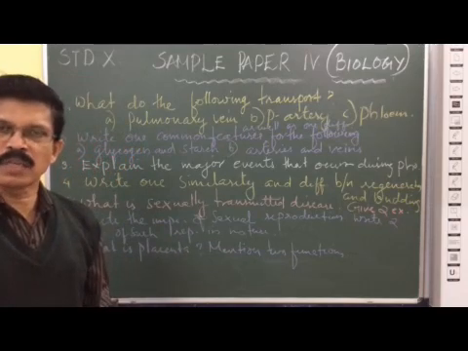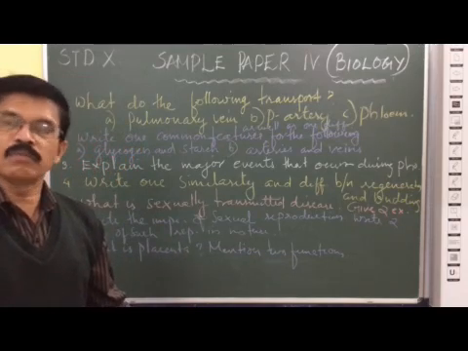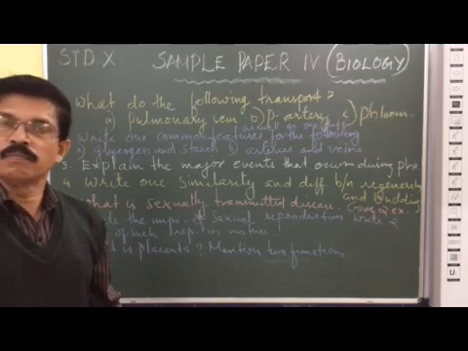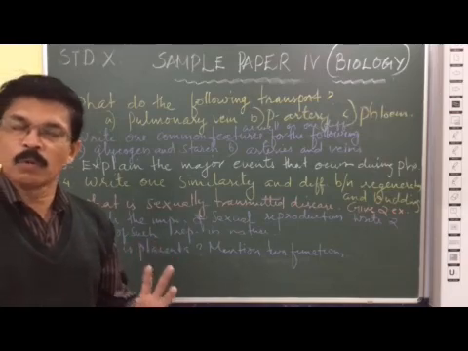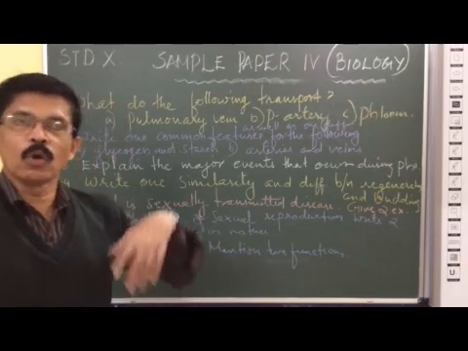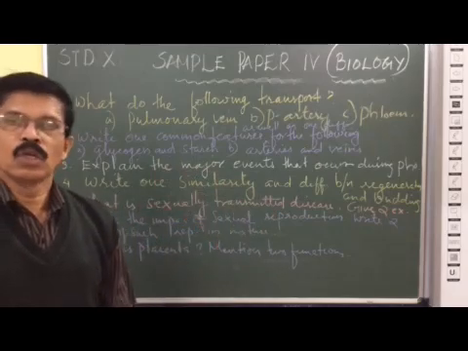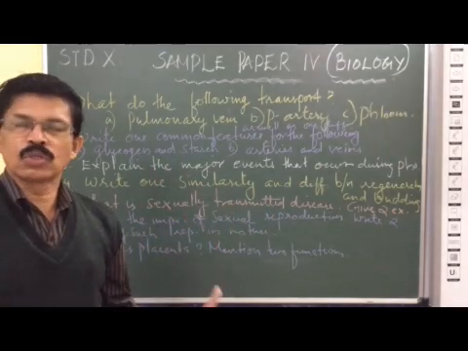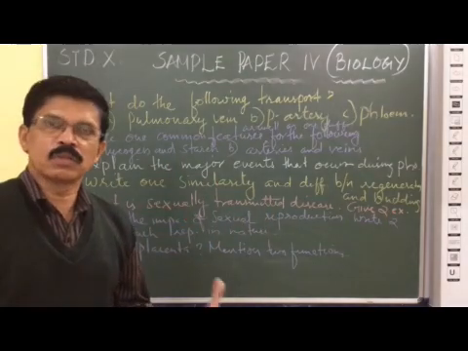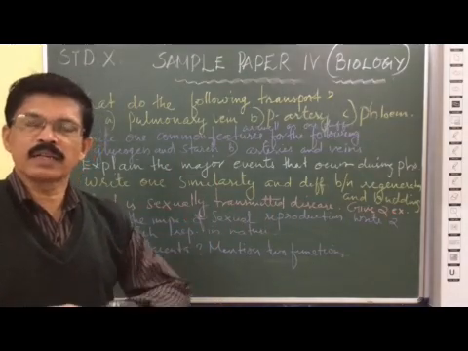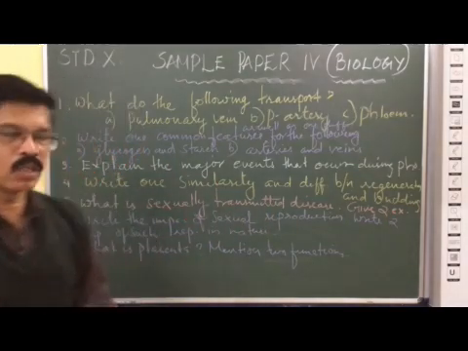This area is with high pressure, and the soluble form of the sucrose now moves to the low pressure areas like roots, stems, flowers, seeds where it is stored. So this is very important.